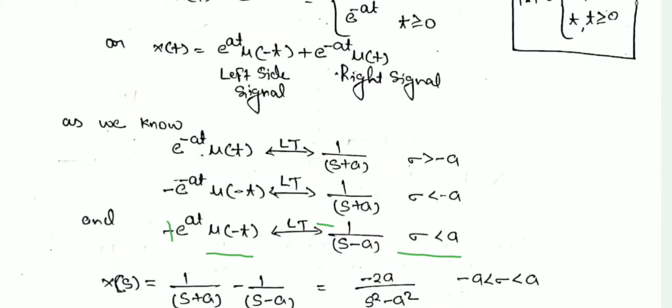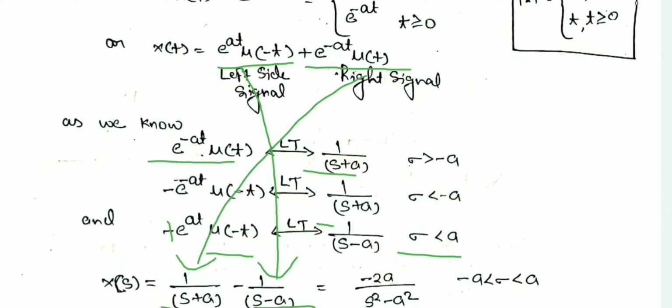Next, the signal is right-sided and its Laplace transform is 1 upon s plus a, as explained here, and its ROC is sigma greater than minus a.